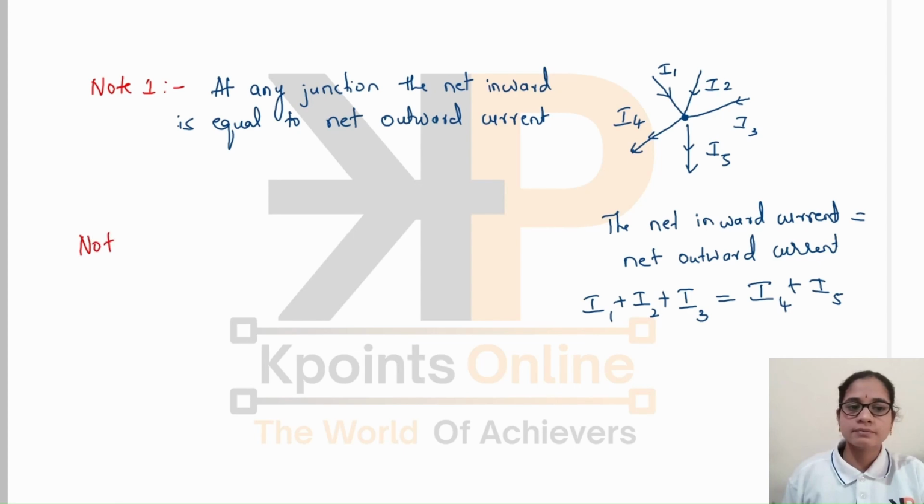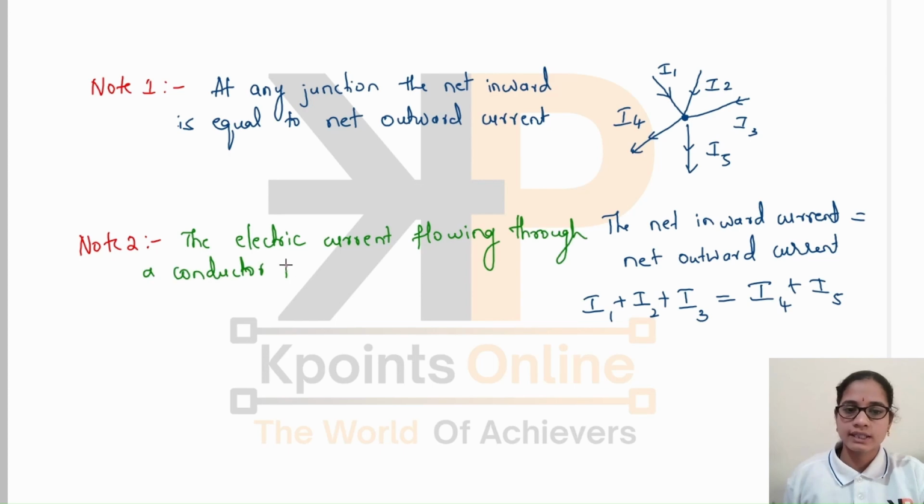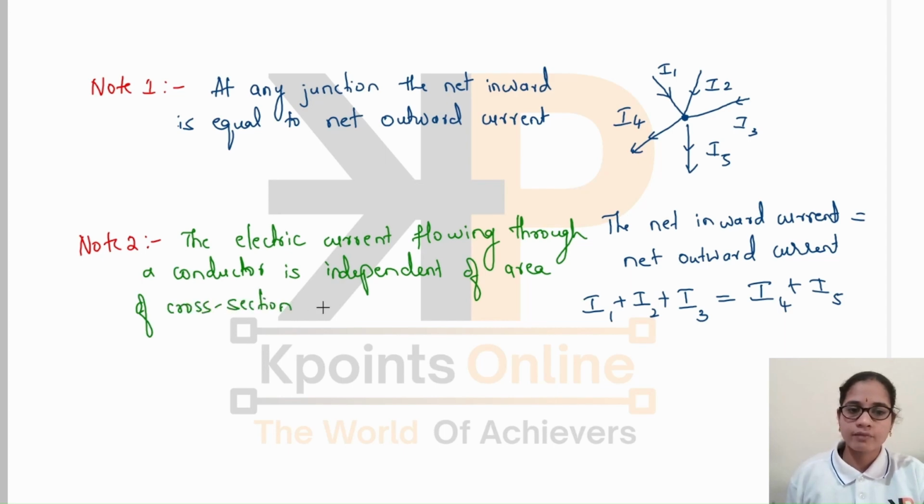One more thing here. The electric current passing through a conductor is independent of the area of cross section. Suppose this is a conductor in this way.